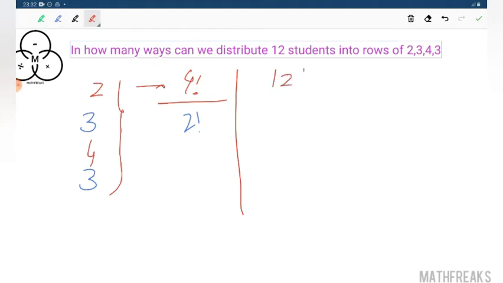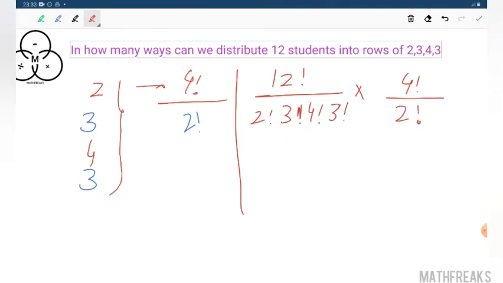Now the 12 students can be distributed as 12 factorial over 2 factorial, 3 factorial, 4 factorial, 3 factorial. And then the groups of people can be arranged in 4 factorial over 2 factorial ways.